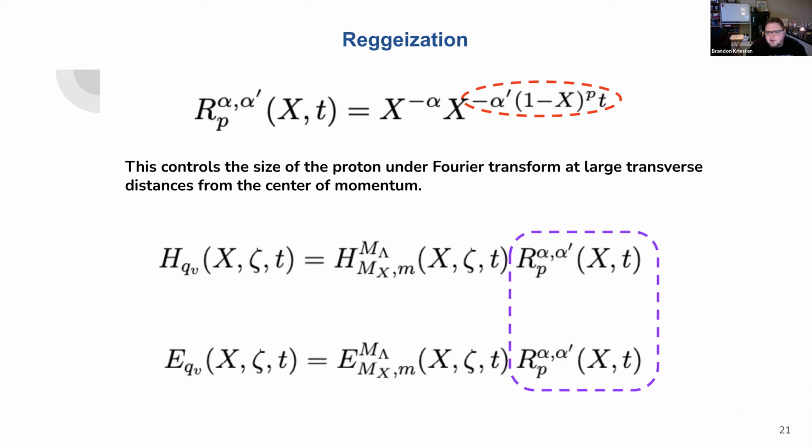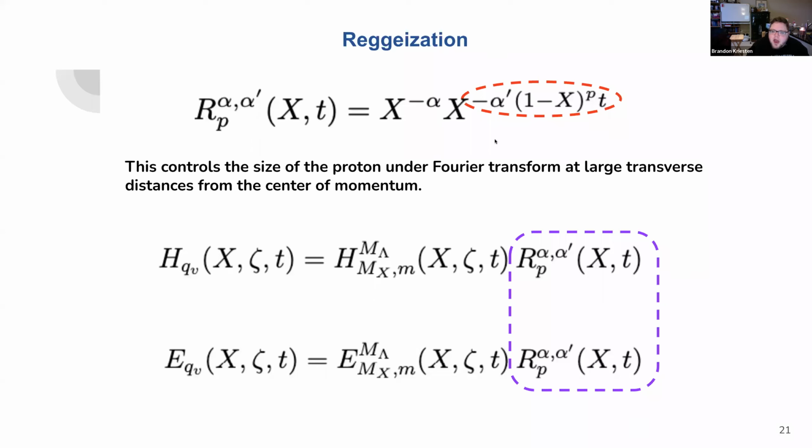And so what we do is we have this sort of reggeization procedure in which we allow the spectator mass to vary, and we give it a distribution. And when you integrate over that spectral function, what you actually see coming out of the GPD is this x to the minus alpha just kind of pops right out there. And like I said, this has been known. This paper is by Brodsky et al.